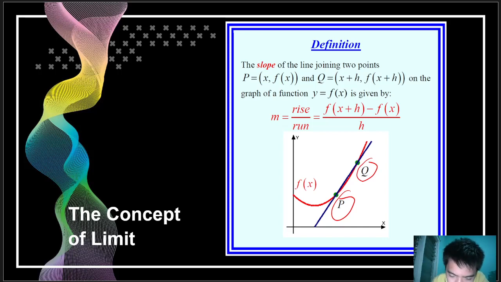So this is the coordinates of P. Let us say this is from the origin. This is x. The difference between P and Q with respect to the x-axis, we say this is h.